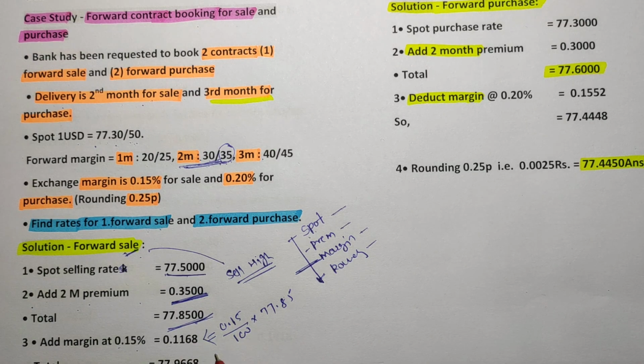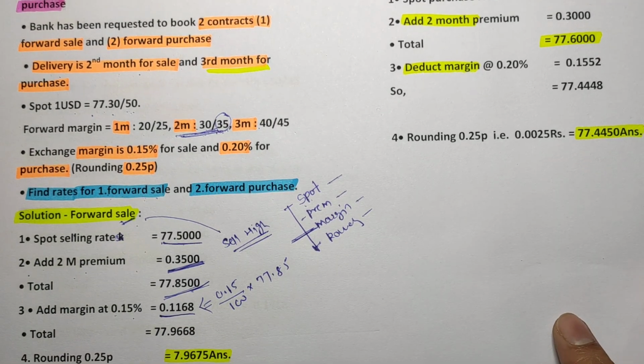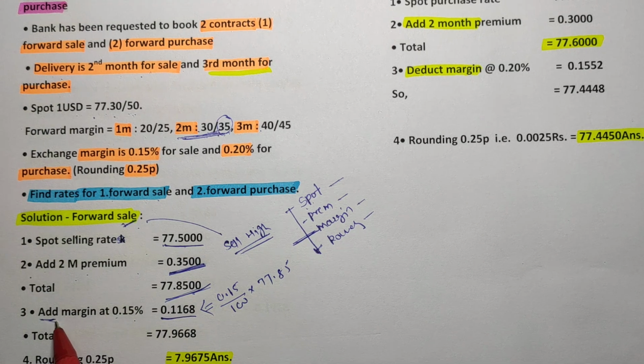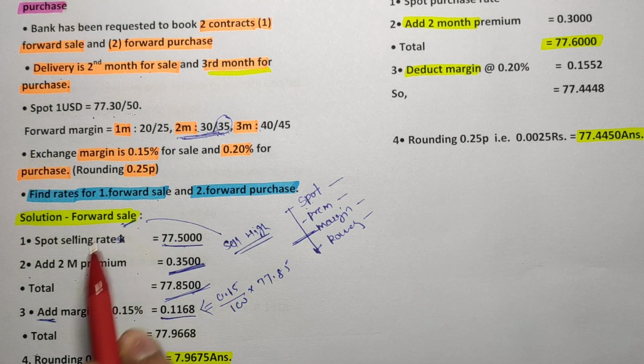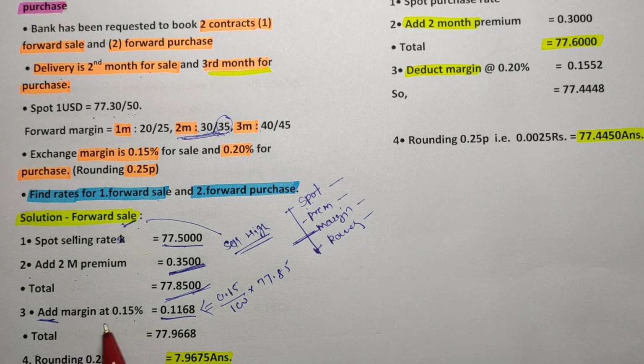So you will get 0.1168. Once you get the margin, we have to add the margin. Why add the margin? Because it is the selling case, and in the selling case we always add the margin because we have to sell high. So when you add the margin, you will get the total, that is 77.9668, as the rate.